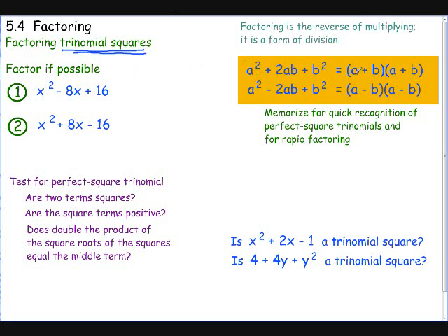If I look at this pattern over here, a squared plus 2ab plus b squared, and try to relate it to this, I would have to say that a is my x, and b is 4. Well, let's see if that makes sense.